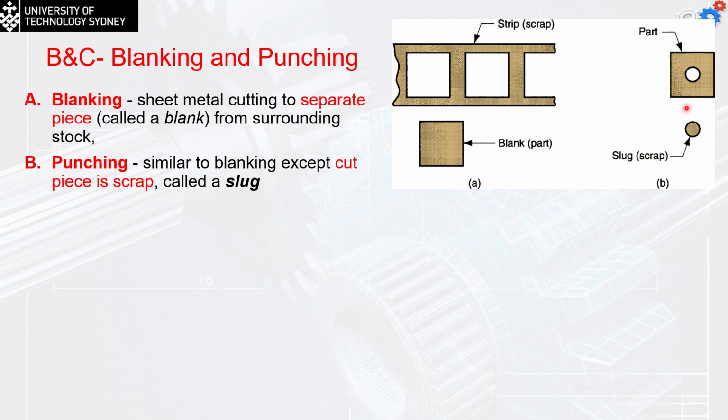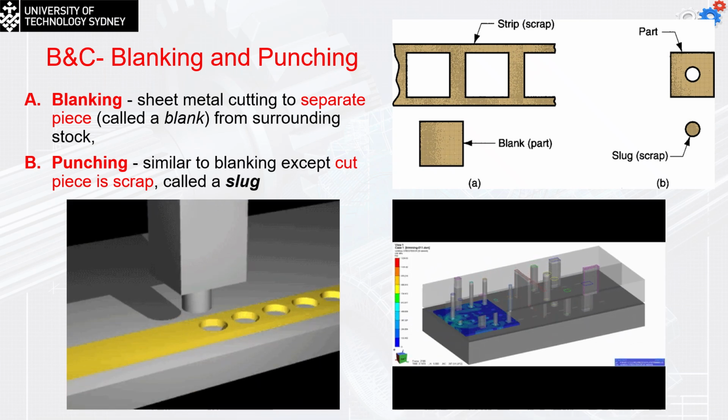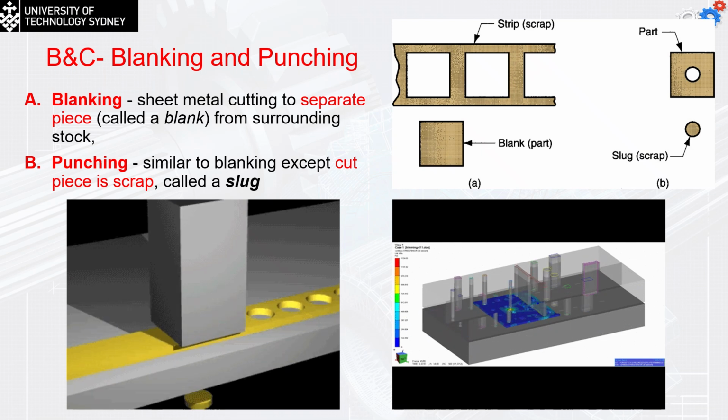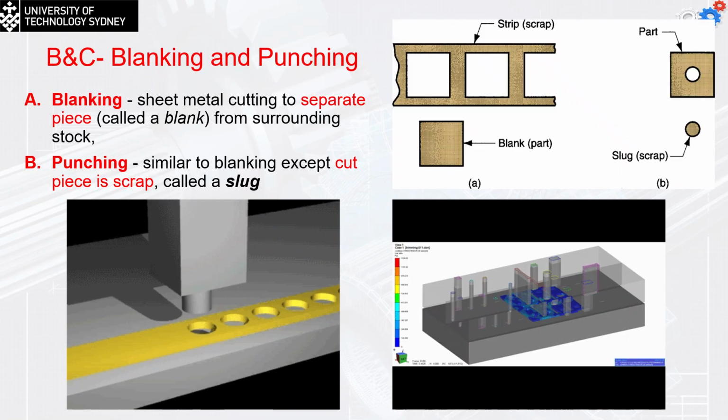So the slug is here, but the part itself has a hole in it, and that's the whole thing about the punching operation. You can see here on the left we have the blanking, and on the right we have the punching to make multiple holes by using multiple punches on the plate.